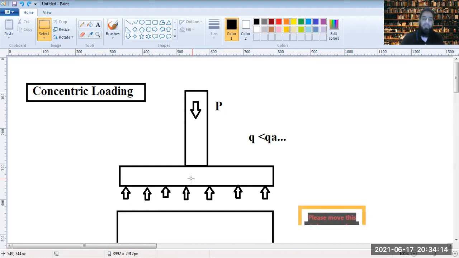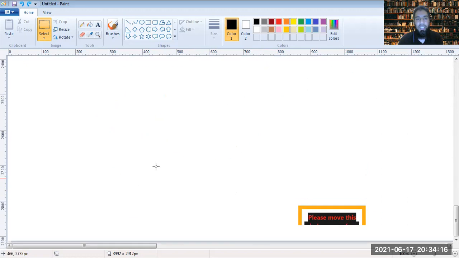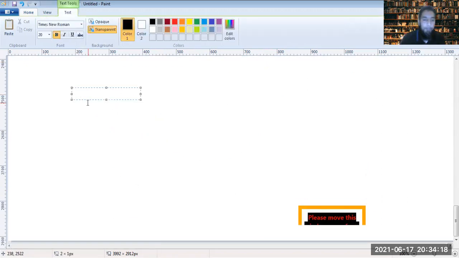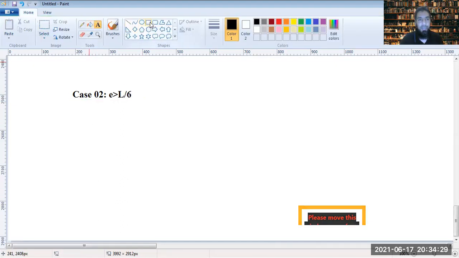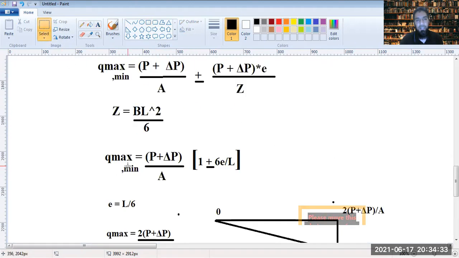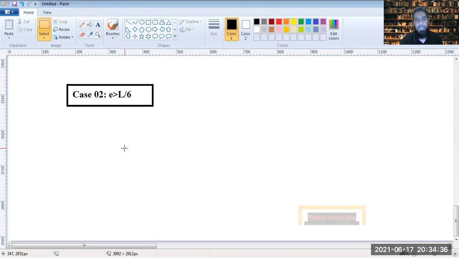But now, that's case number 1. What happens in case number 2, if E is greater than L by 6? What would happen in such a case is that, first of all, not all of the footing is in contact with the soil.